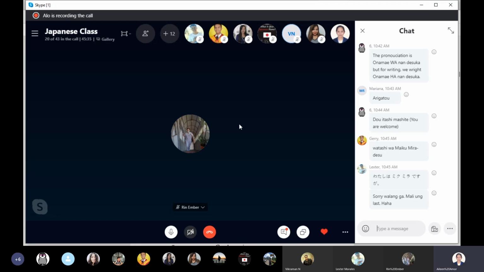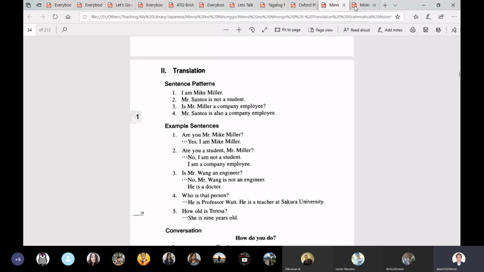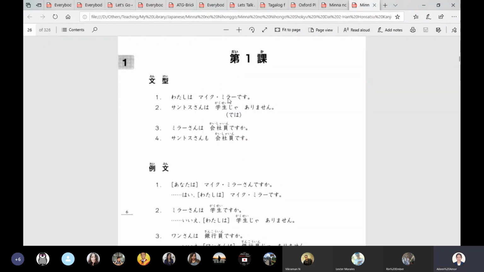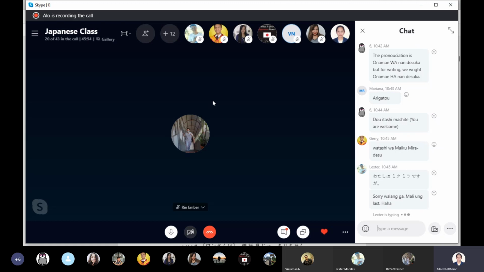Okay. Thank you, Sir Lexter. So just the spelling of Mike Miller. Sorry. So let me show you. This is the translation in Japanese. Watashi wa Maiku. We don't base it on the English spelling when we write in katakana.